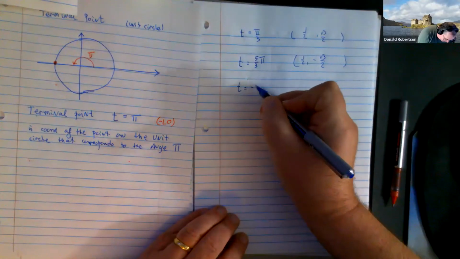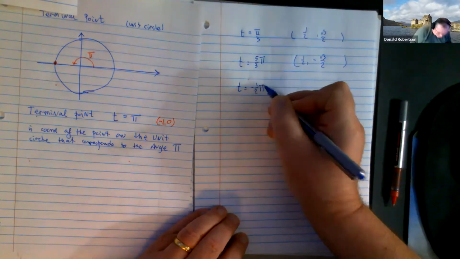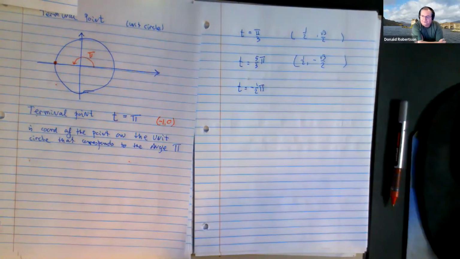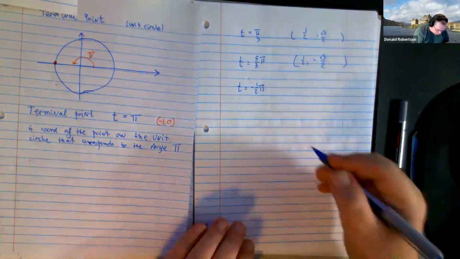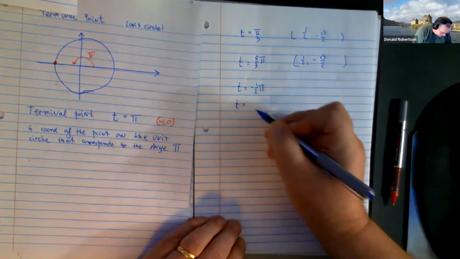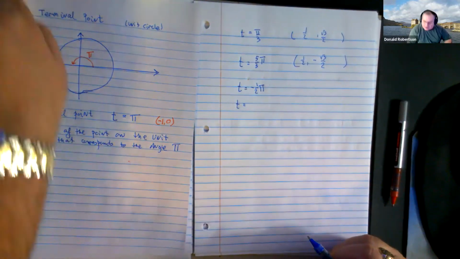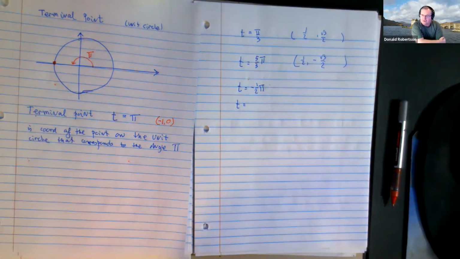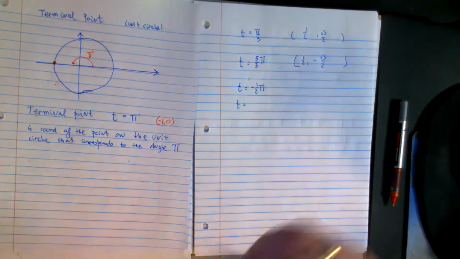Sometimes they're going to do this to you. That isn't directly on the unit circle, is it? What angle in the range 0 to 2 pi, which is what we want when we do these questions, what angle is that the same thing as? 3 pi/2.